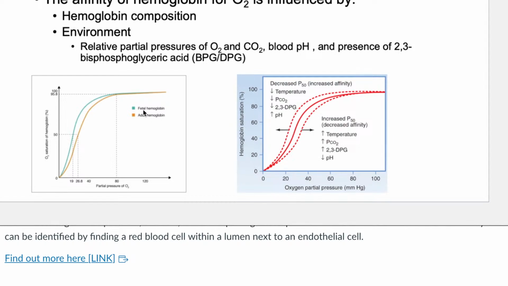So here we see how fetal hemoglobin has an increased affinity, and that's because they have to collect oxygen better because they're not breathing in air. It's all coming through a middleman of their mother.